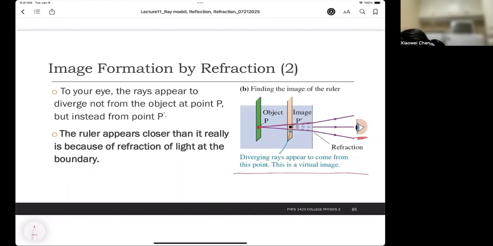From here to the boundary, it will have the refraction phenomenon, and then our eyes will see the object just here. So to our eyes, the rays appear to diverge not from the object, not from here, but instead from here. The ruler appears closer than it really is because of the refraction of light at the boundary. Does that make sense to you?